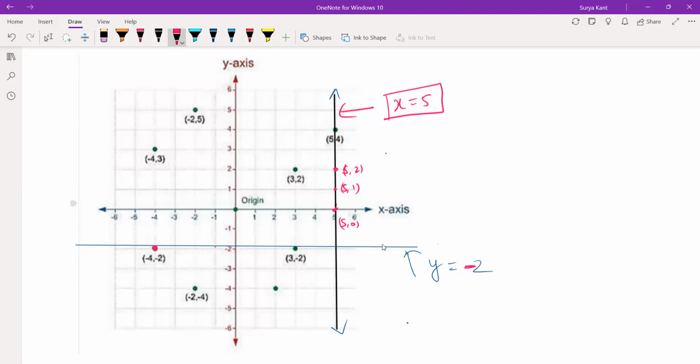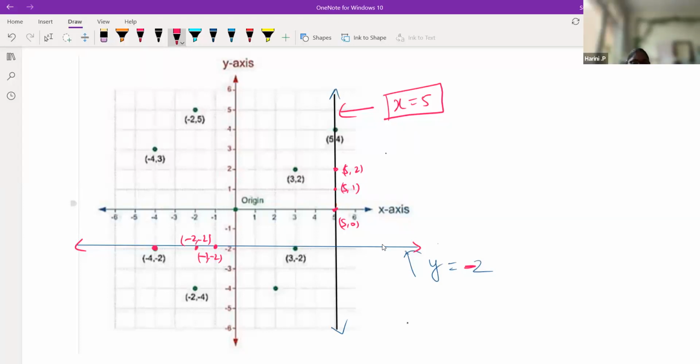See here, this point is -1, -2. This point is -2, -2. Each and every point on this line, y remains the same, but x keeps on varying. All right, that's all. Clear?